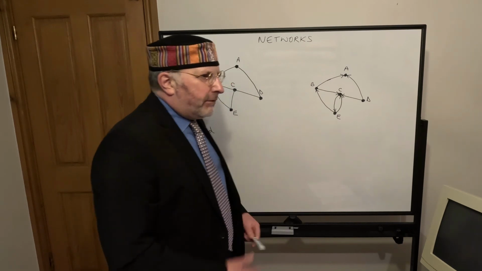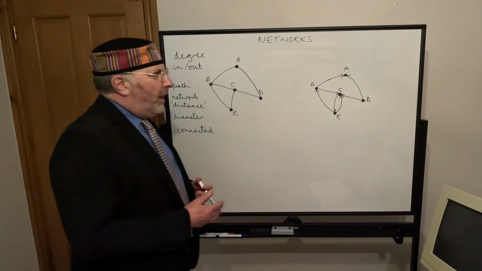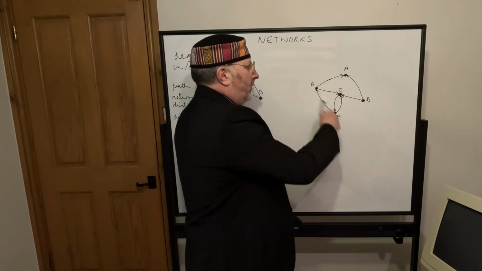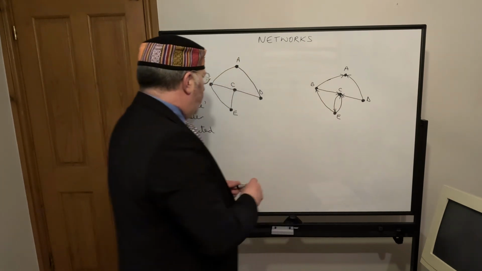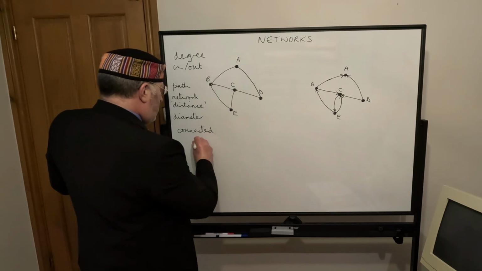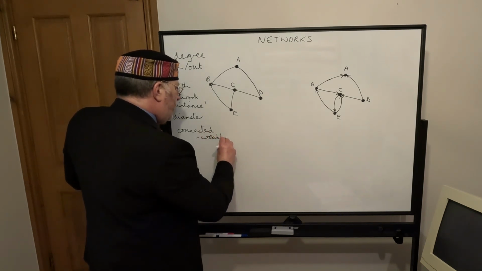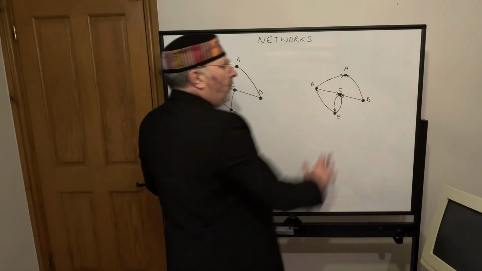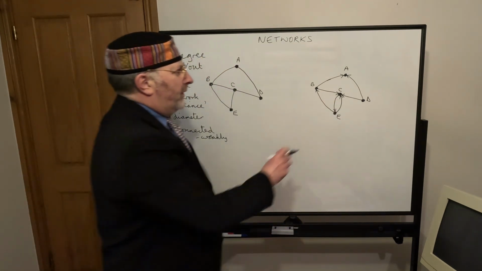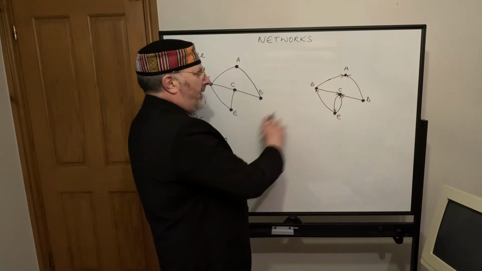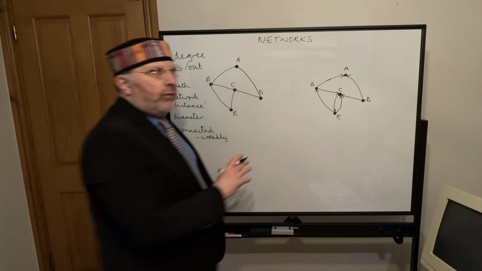So usually we will find that directed networks are disconnected, but we can call a directed network weakly connected if it would be connected if we ignored the directions of the links. If we just regarded these as undirected links, and it would then be connected, then we can say it's weakly connected.